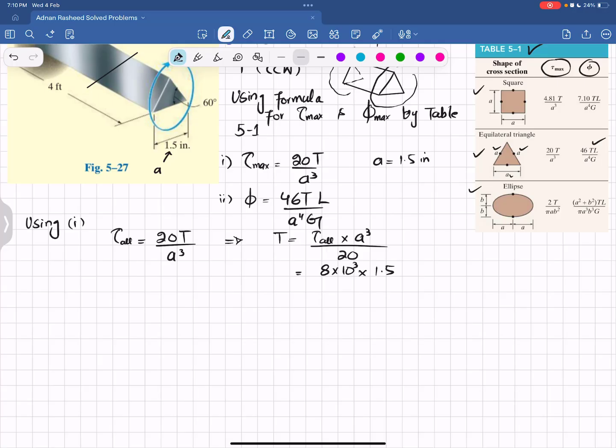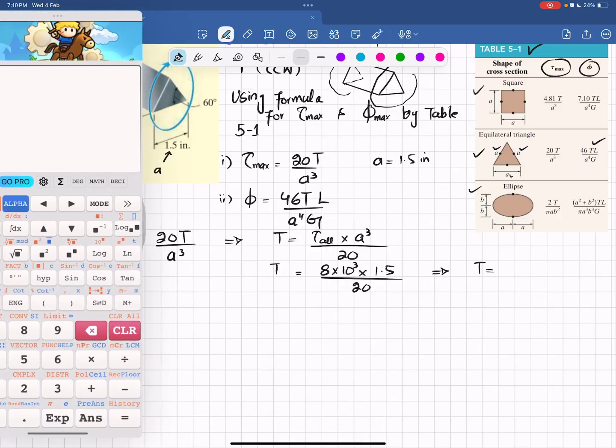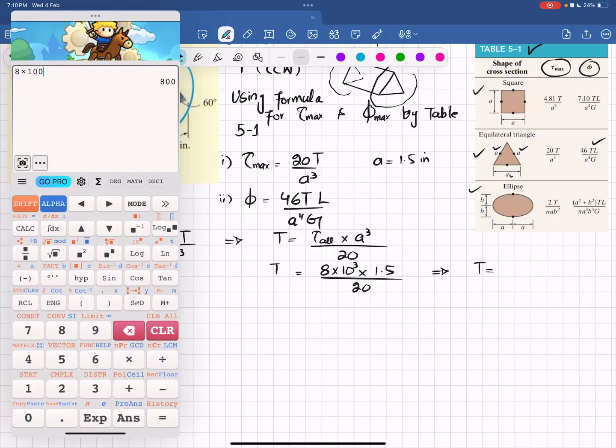So 1.5 cubed divided by 20 is equal to T. From here we will calculate it: 8 into 1000 multiplied by 1.5 power 3, which is 27,000, divided by 20. That answer divided by 20 gives this torque T, which is equal to 1350 pounds into inch.